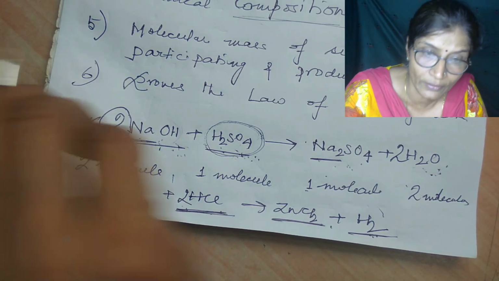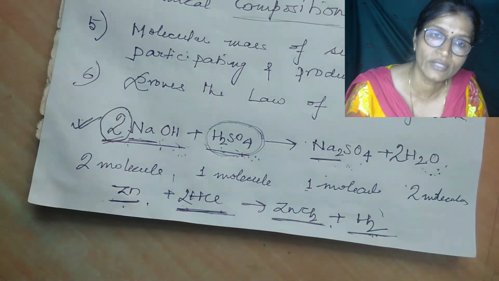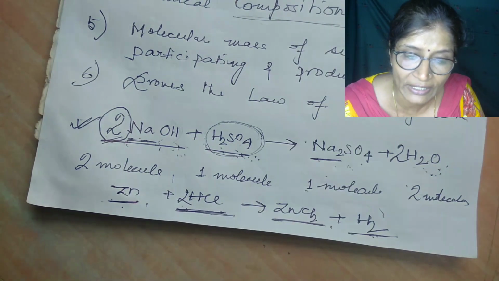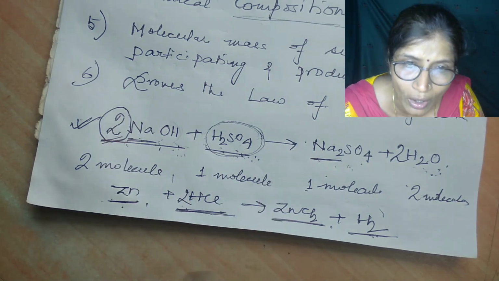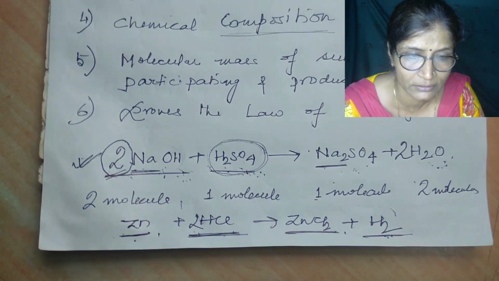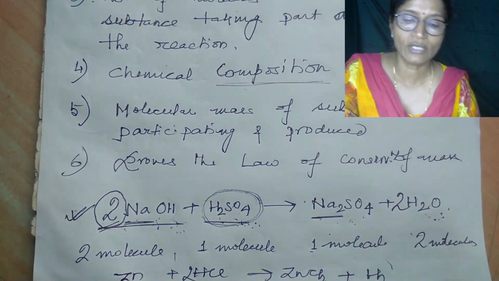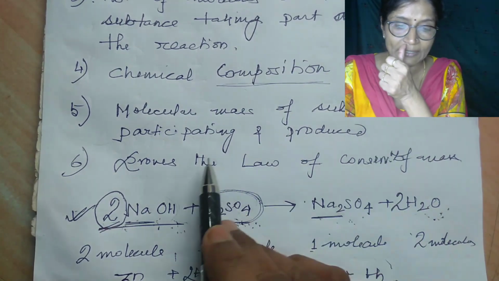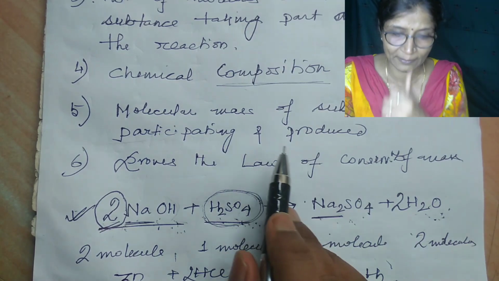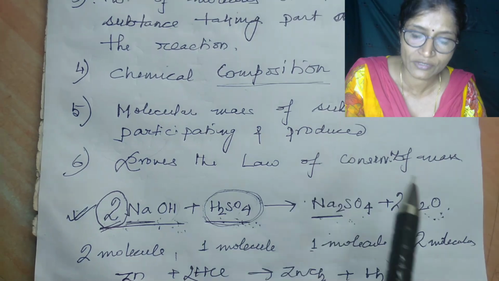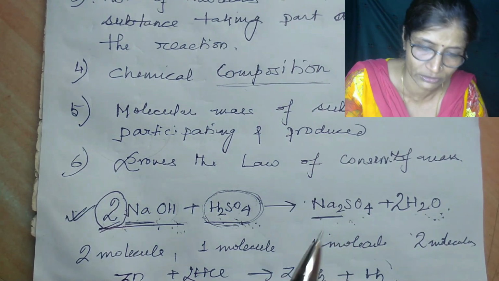Next, we can even know from this the molecular mass of the substances, and with the help of that we can prove the law of conservation of mass. So how can we know the molecular mass of the substances participating, meaning taking part in the reaction, and the molecular mass of the substances which are formed during the reaction?